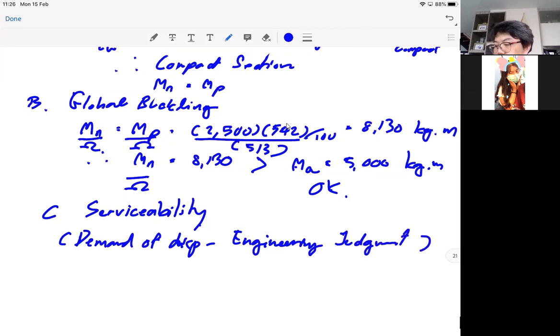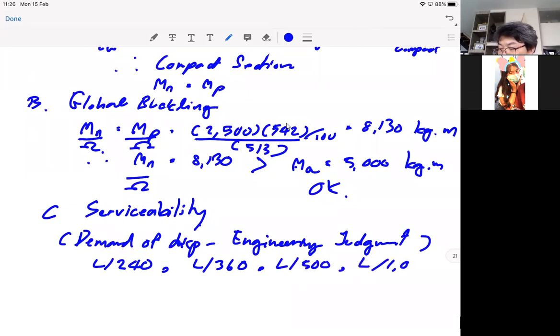I think I haven't gone to that part of the beam yet, but I want to do this first, so it's fine. Okay, so generally you may see the most common is L over 240, L over 360, and then you can have L over 500 or L over 1000.